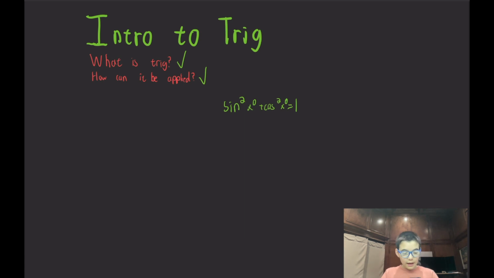One thing to note is that when you're using degrees, like sine of 60, you don't write sine of 60, you write sine of 60 degrees. It's really important because if you don't have the degrees, people might think you're referring to radians, and radians are very different from degrees.